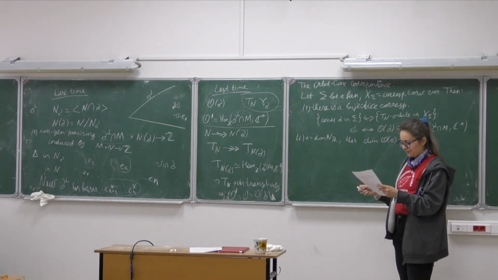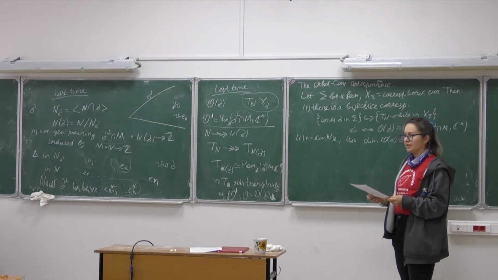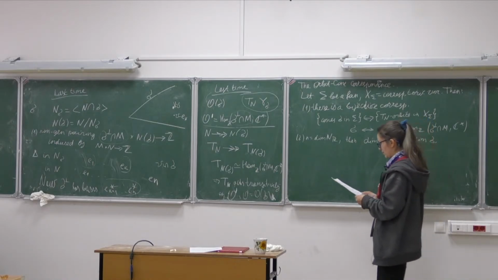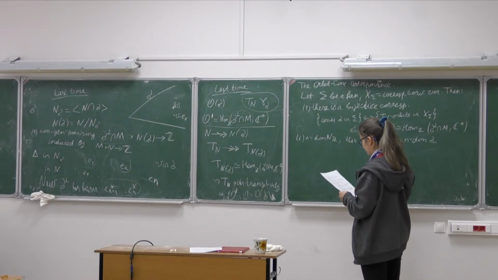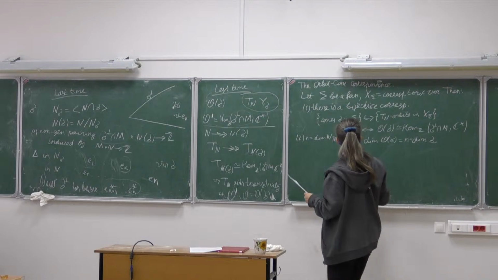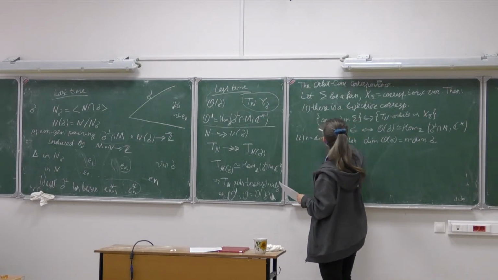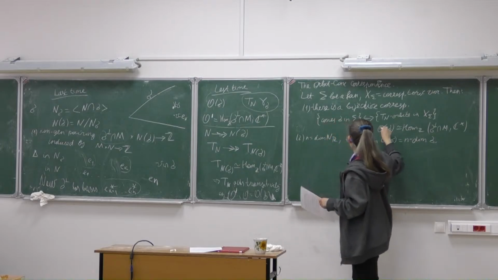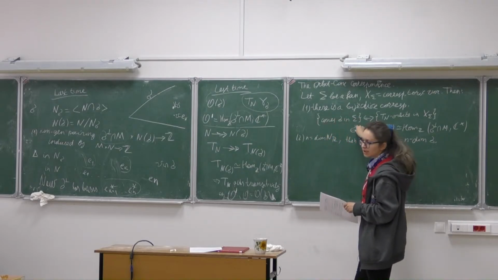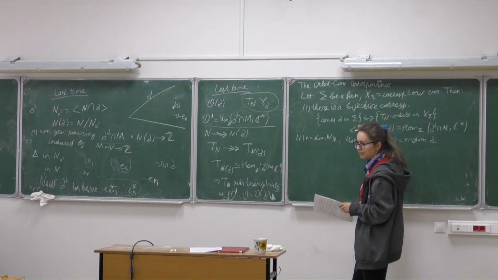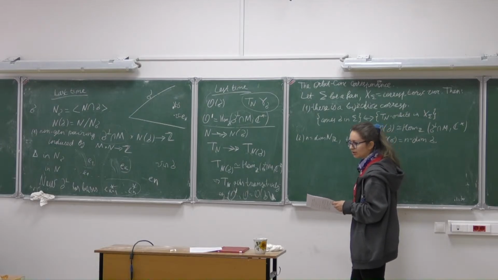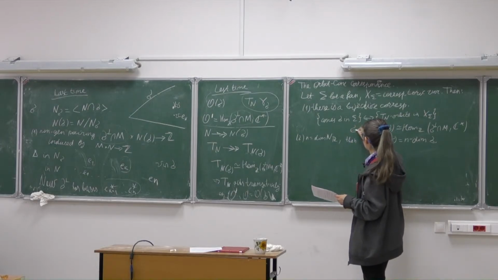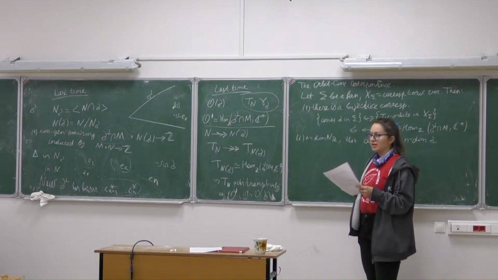Okay, let us prove it. First of all, we know already how to construct an orbit O sigma if we take sigma. We explained it right now: given a sigma, how to construct O sigma.